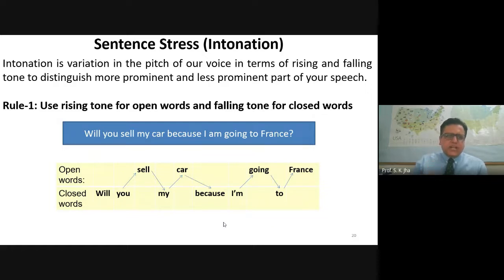Will you sell my car because I'm going to France? So I'm giving stress on open words only, not on closed words. I hope it's clear. Otherwise, we'll take this during our interactive session also.